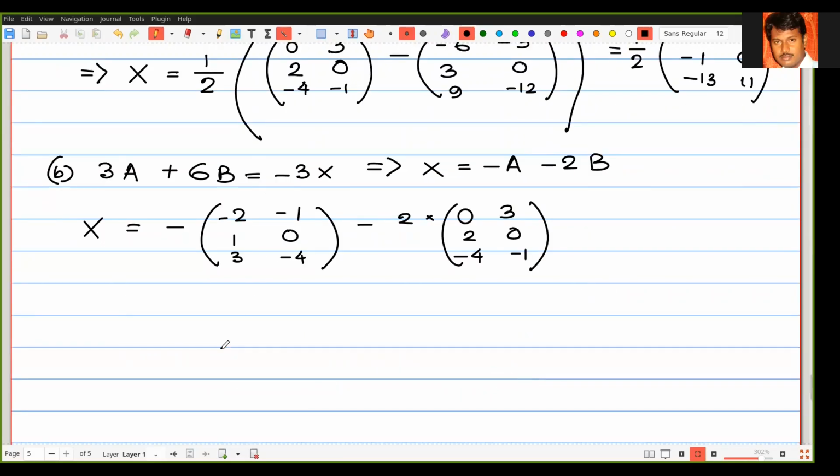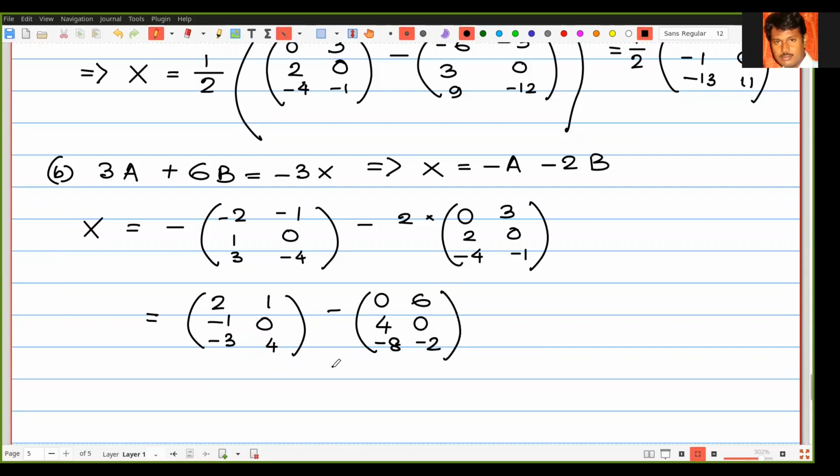Let's calculate. That is equal to [2, 1; -1, 0; -3, 4] minus [0, 6; 4, 0; -8, -2]. So the result for the value of X is [2, -5; -5, 0; 5, 6]. That is our matrix X.